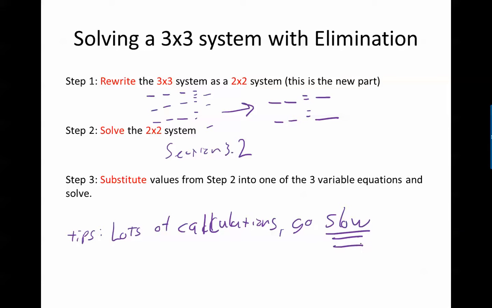Do not rush this. You want to go slow and double check everything, because there are so many opportunities to make a mistake simply by making an error in addition, subtraction, multiplication, or division, that you just got to be careful, okay?